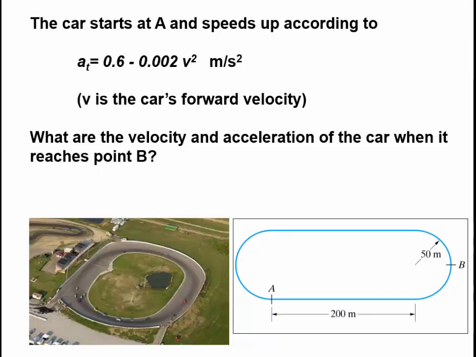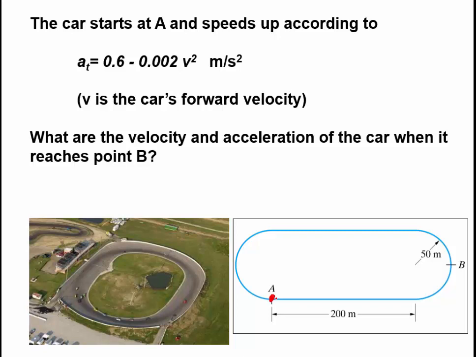So finally, you've got one more example problem that's looking at a race car, and it starts at point A right here, and it's going to speed up according to that relationship where AT is equal to 0.6 minus 0.002 v squared. So what would the 0.6 correspond to physically?